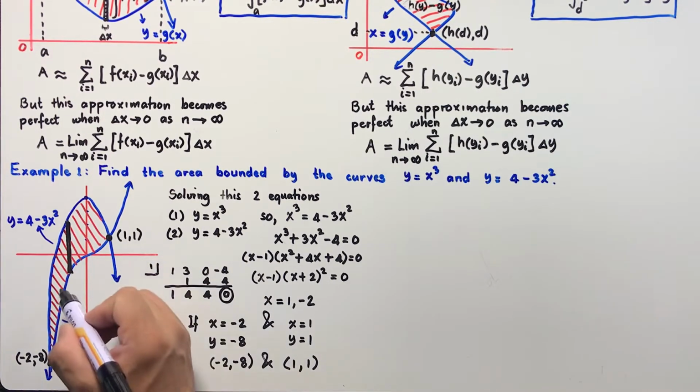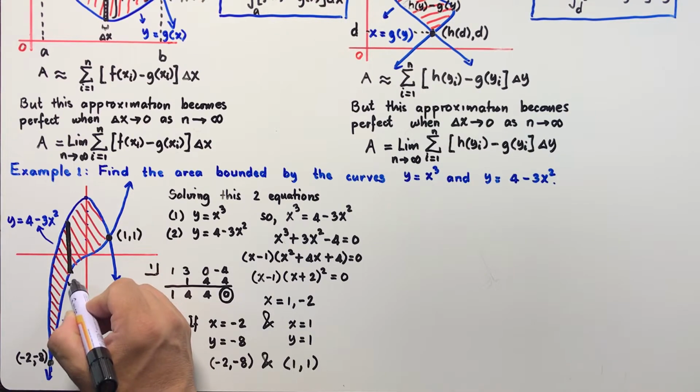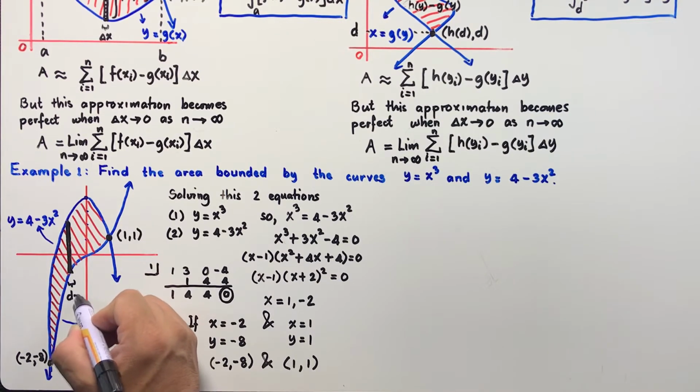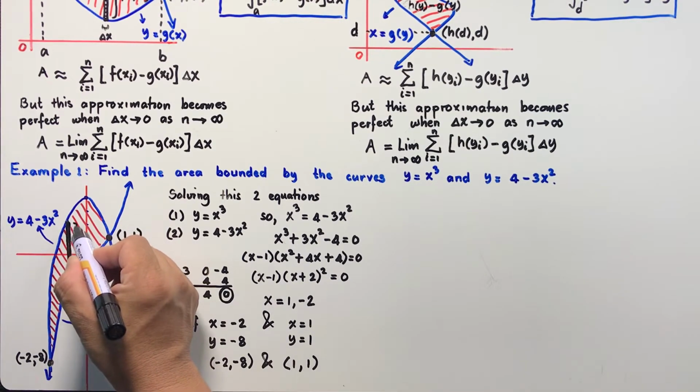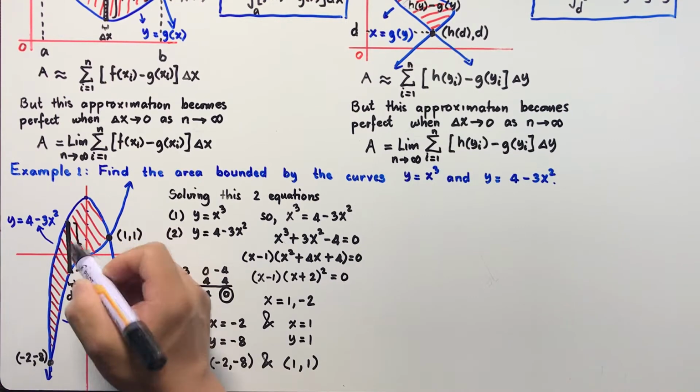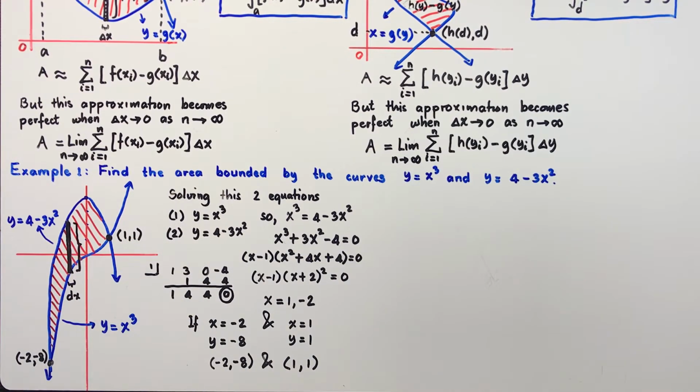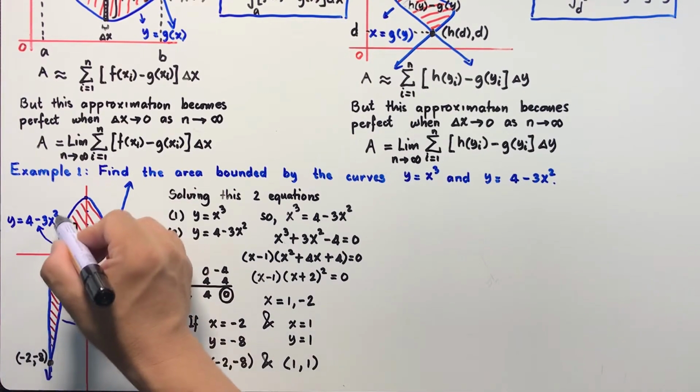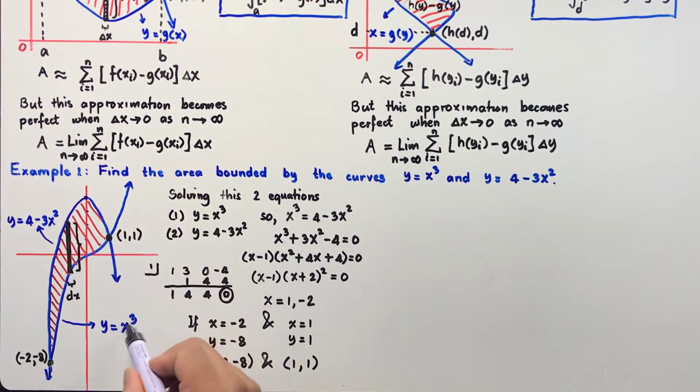And remember that the thickness of this slice is our dx. And the length of this slice is the difference of their boundaries. And we know that this is the upper boundary and this is the lower boundary.